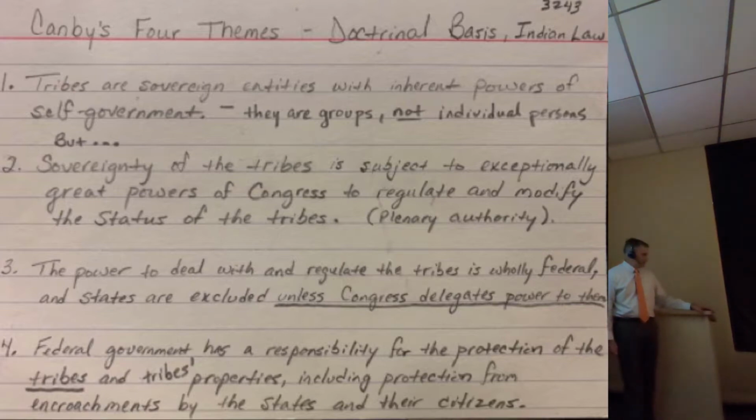It has an absolute responsibility to make sure that the tribes and their property are protected from encroachment, that is, the violations of their sovereignty by the individual state governments, by the municipal governments of states, and particularly by individual citizens of the states.